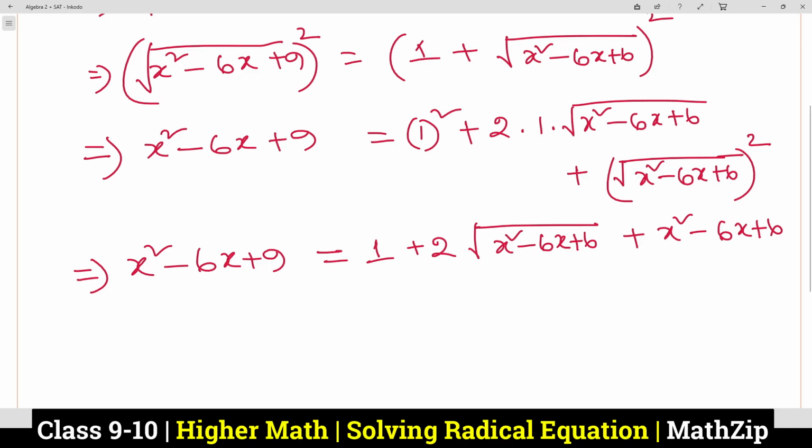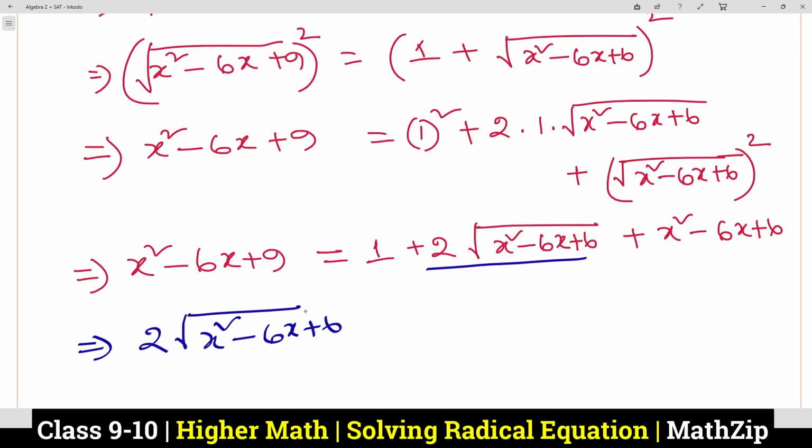Now we are going to transfer things from one side to the other side. Here we just keep this on one side, 2 root x square minus 6x plus 6 equals, so this one will go outside: x square minus 6x plus 9, now minus x square plus 6x minus 6, and this one becomes minus 1.